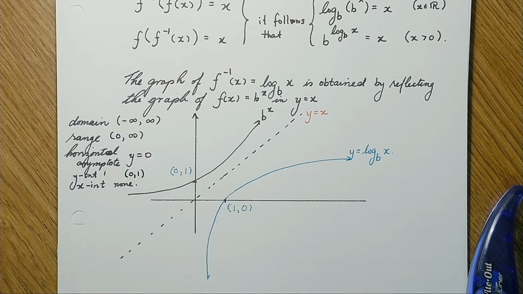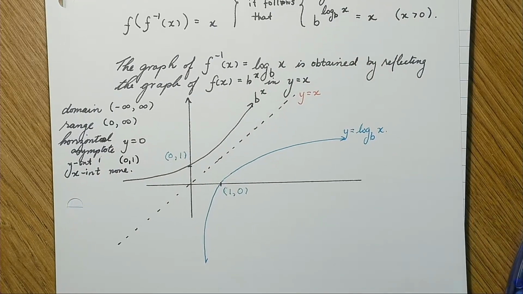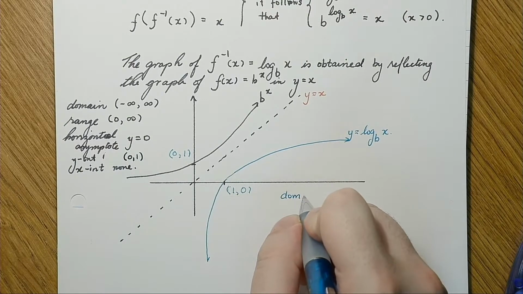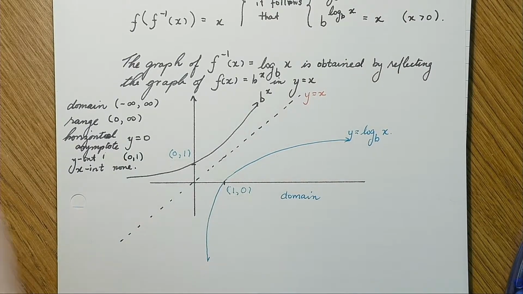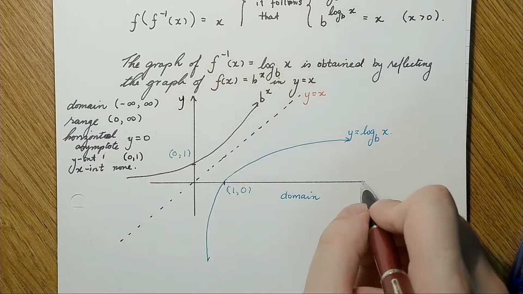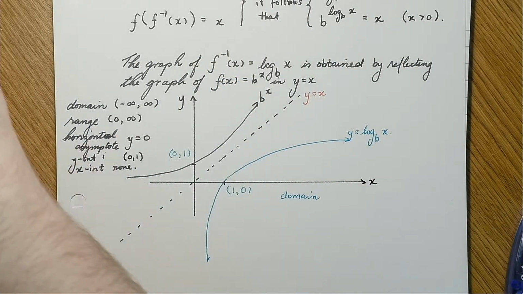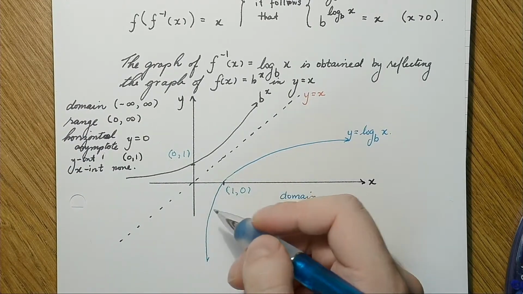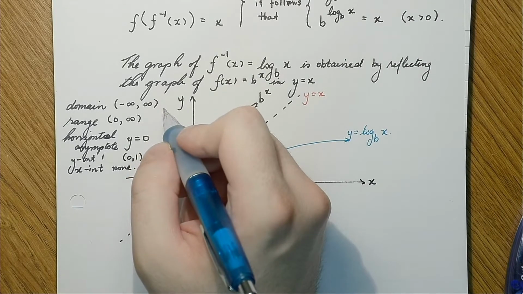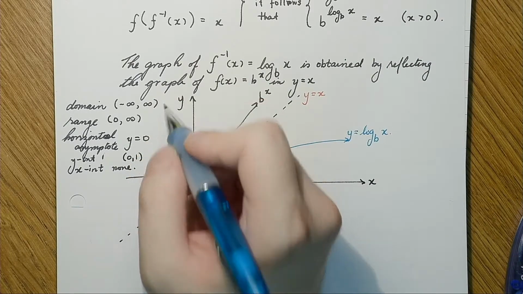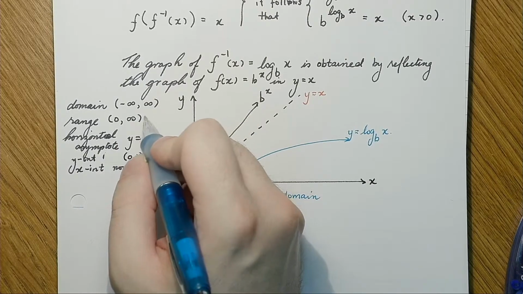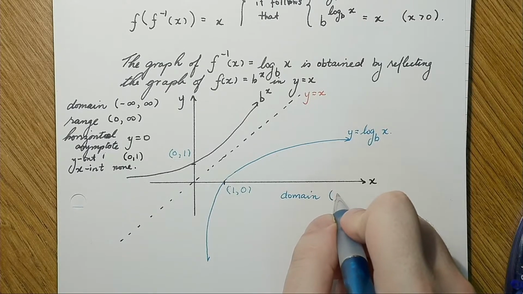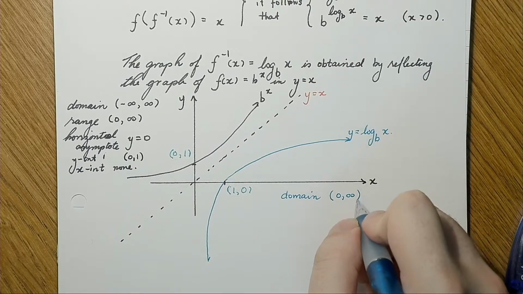So again, it's a reflection in the y equals x line. So that means that for this one, I just put my y here, and here is my x-axis. So the domain for this one, again, because it's the inverse, we basically swap the x and the y. So in that case, the range becomes the domain, and the domain becomes the range. So in this case, the domain is from 0 to infinity.